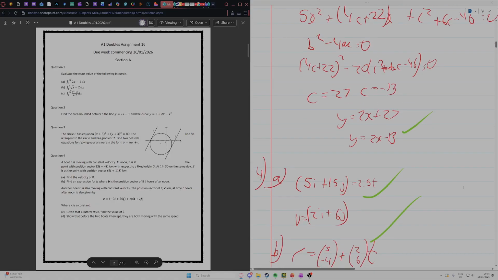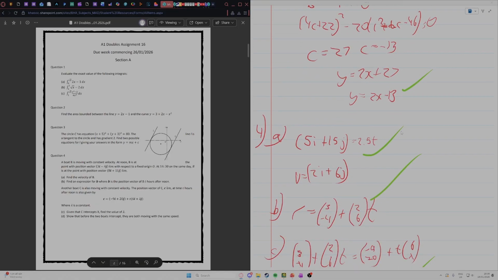Next, we have some vectors in mechanics. So here, the velocity, you just do the rate of change of the thing. Sorry.